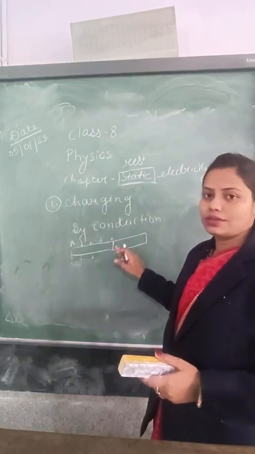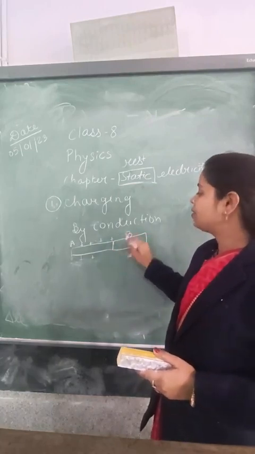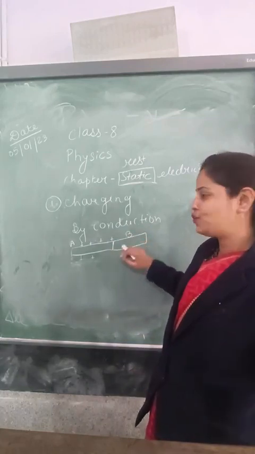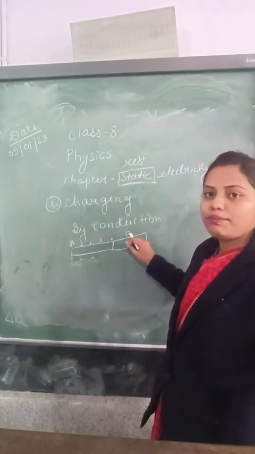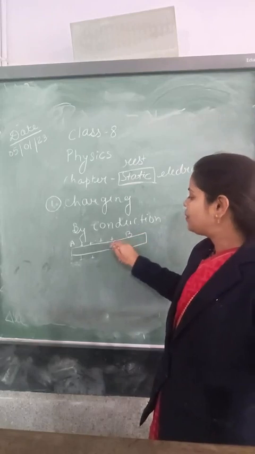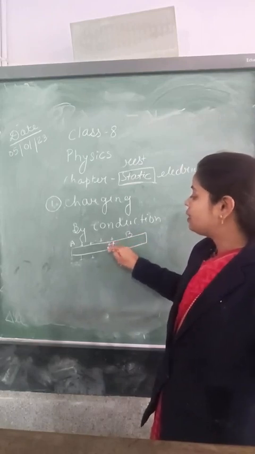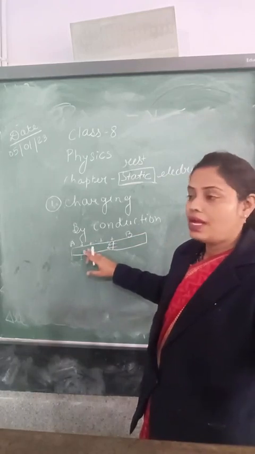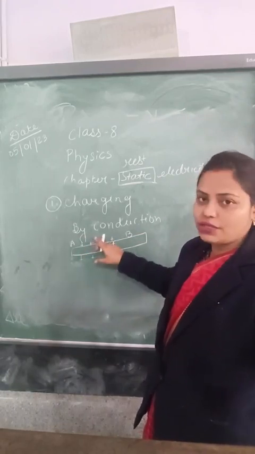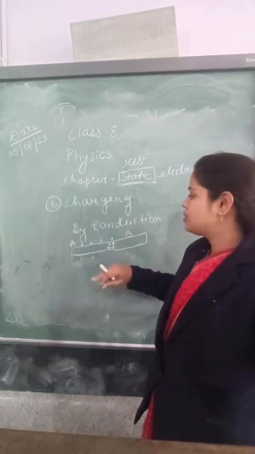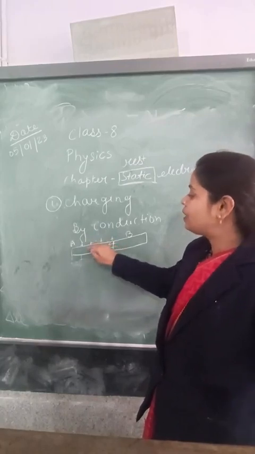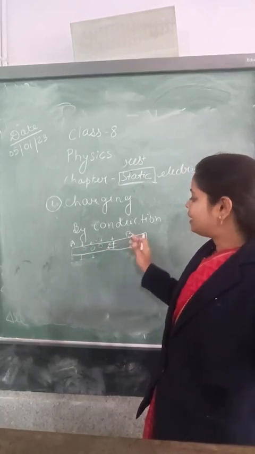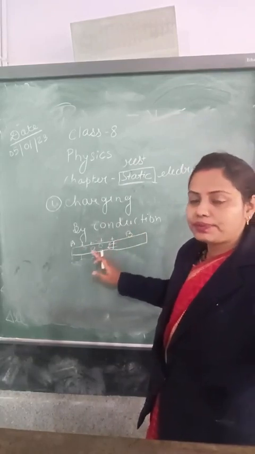The free electrons present in rod B will be attracted by the electron-deficient atoms present in rod A. Electron deficient means positively charged. Because it is positively charged, some of the atoms do not contain electrons, so it will attract the electrons from rod B.